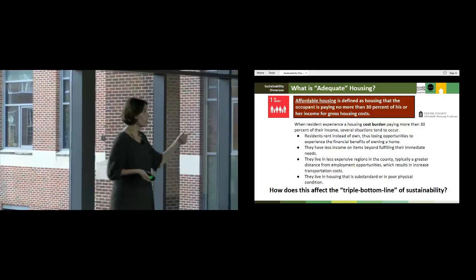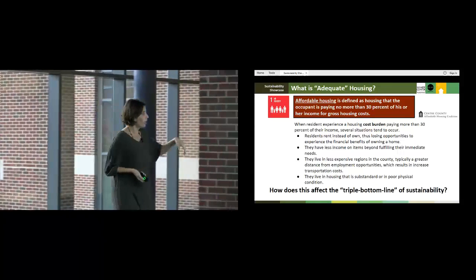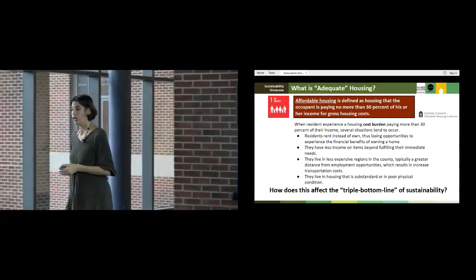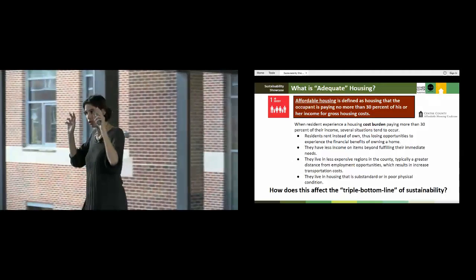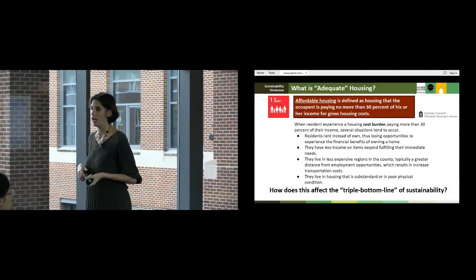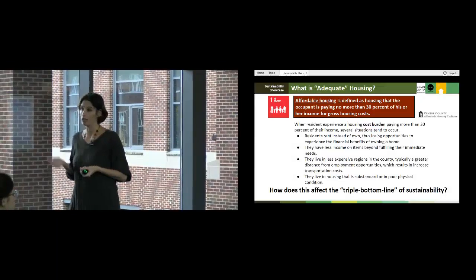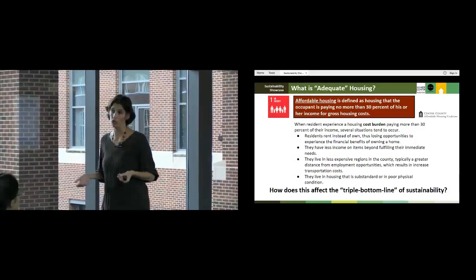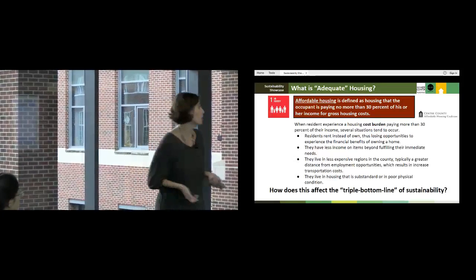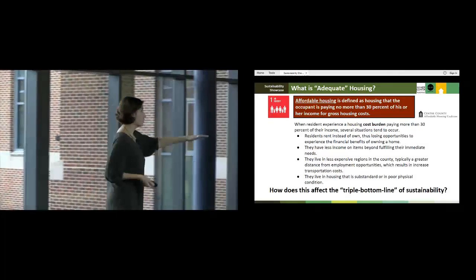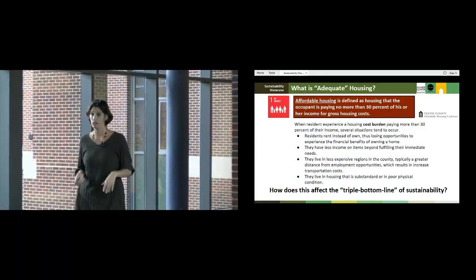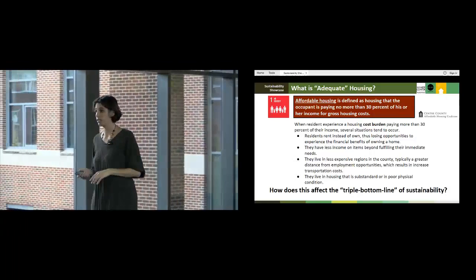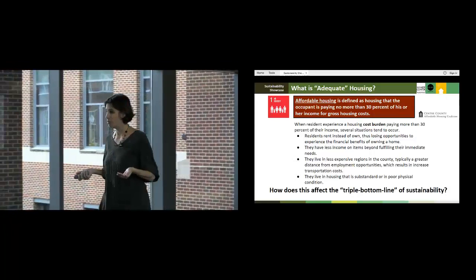So what does that look like? Well, here in Center County, affordable housing is actually quite difficult. Majority of our workforce, our teachers, our police officers, actually don't make a salary that allows them to pay the rents or to purchase a home within the region, which pushes them outside of the region in order to have to live, which actually has a huge effect on the triple bottom line of sustainability.